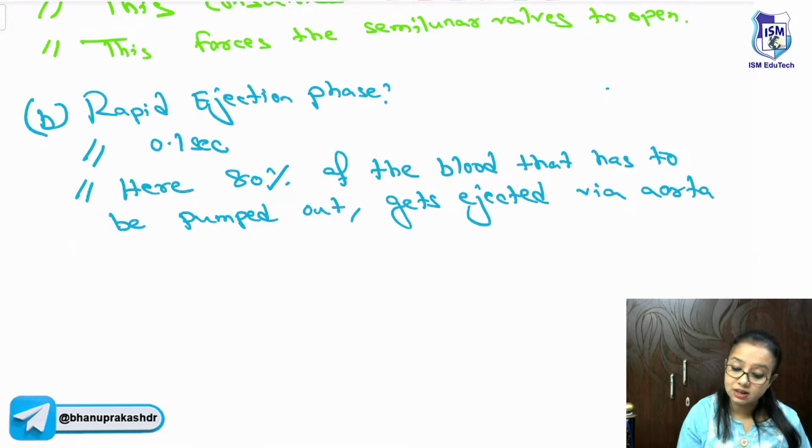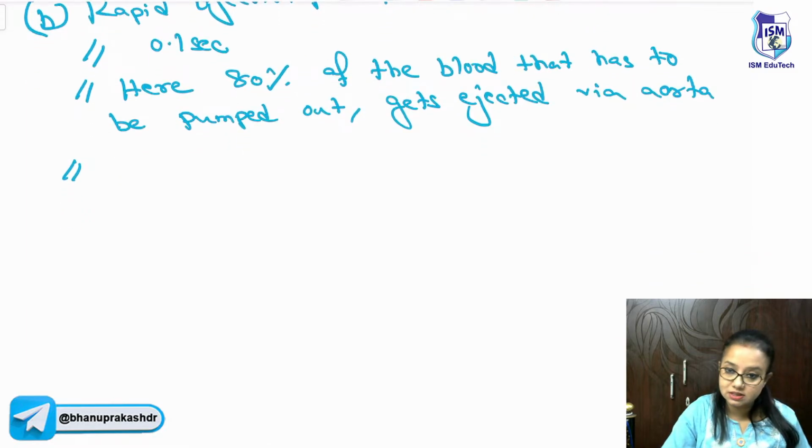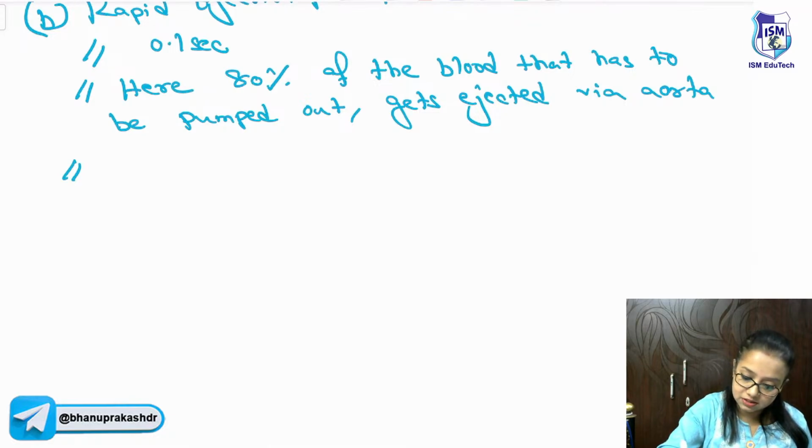But here again and again, why are we talking about the aorta? Because it is connecting to the peripheral circulation. This is the fastest process, and this happens only for 0.1 second. This is the rapid ejection phase.